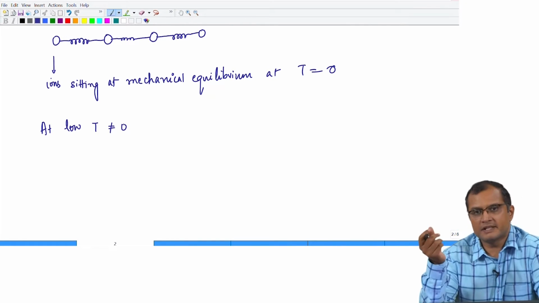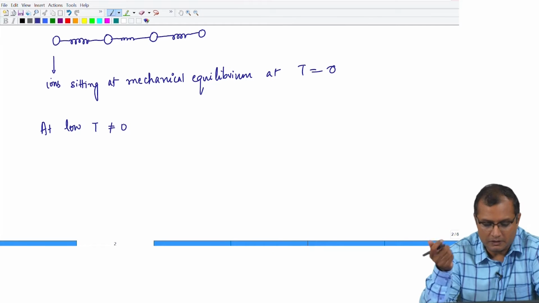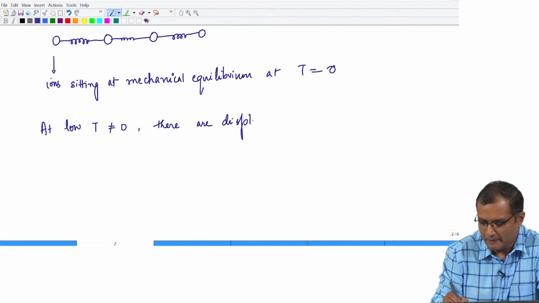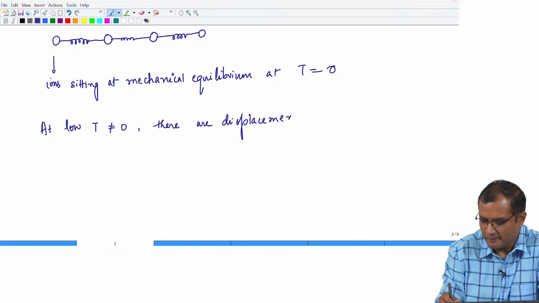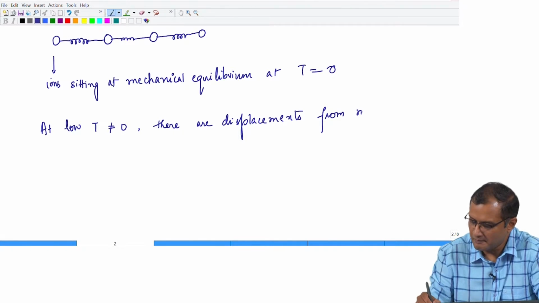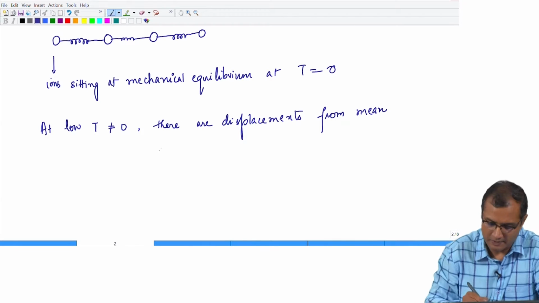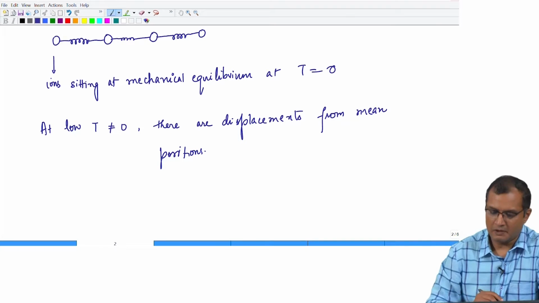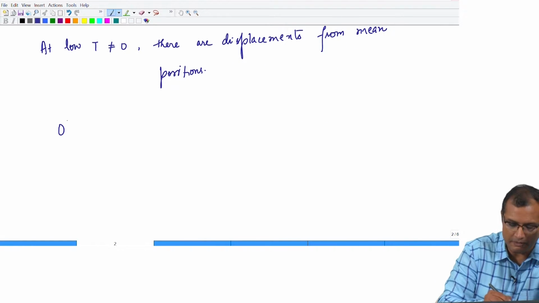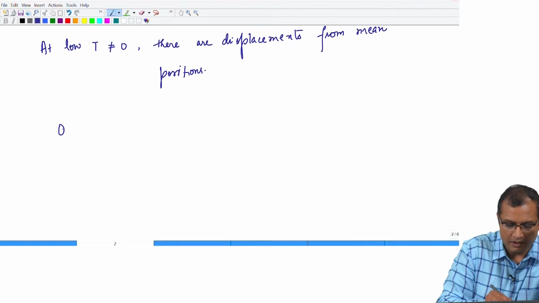you expect these ions to undergo some displacement. Okay. So, there are displacements from mean positions, which means you can think of an ion that has displaced by some amount in one dimension.